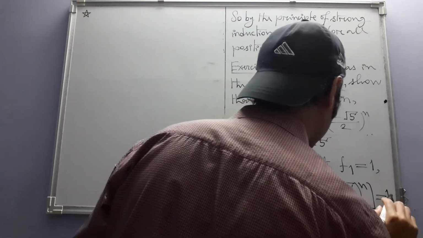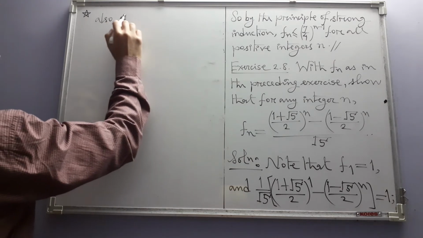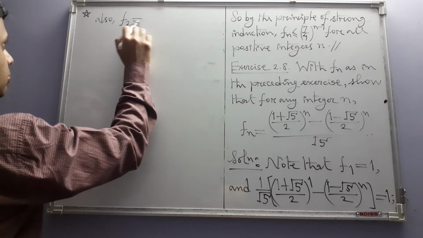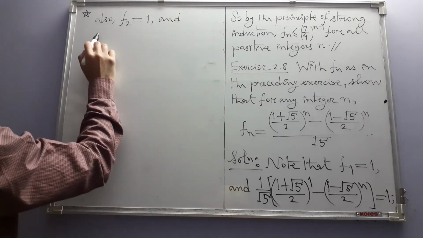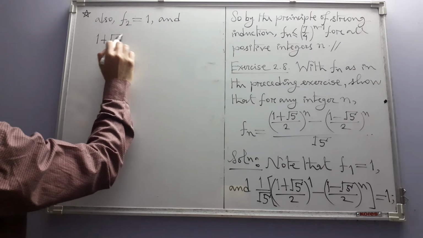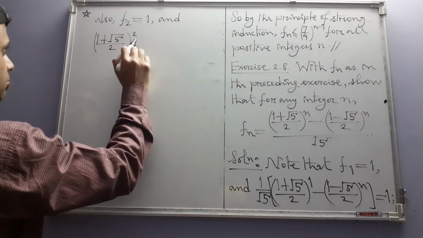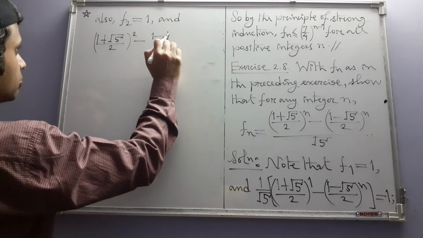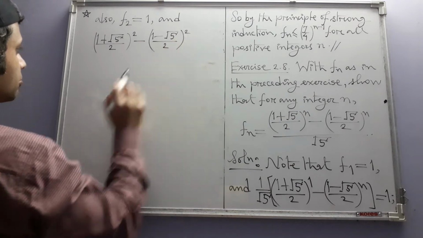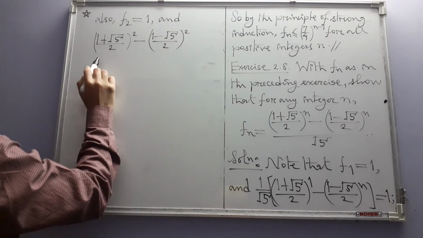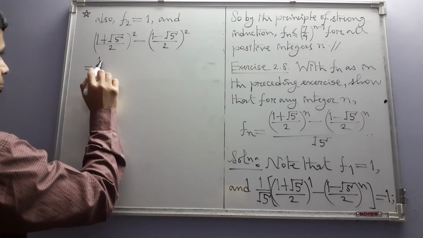Also, like before, if n is 2, we get 1. Okay, this time we need to do a little bit of calculation. We can use the a square minus b square formula.